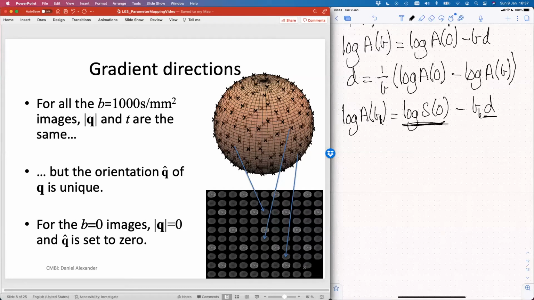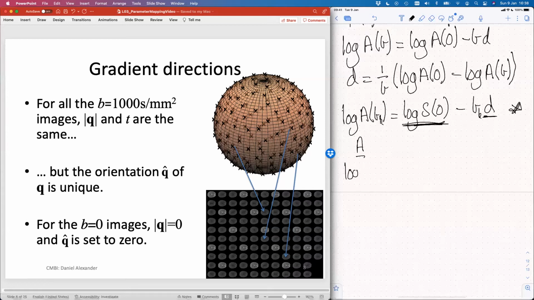And so we get a similar linear equation like this by taking the logs for each of our different measurements, and we can write those in a standard system of linear equations as a matrix equation. So we can construct a vector A containing all of the log measurements.